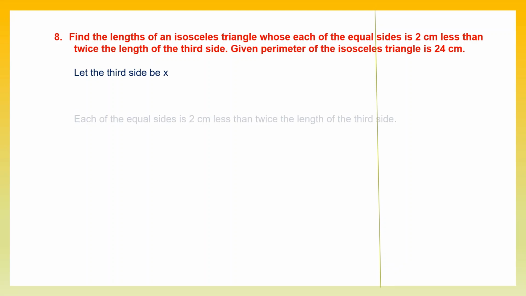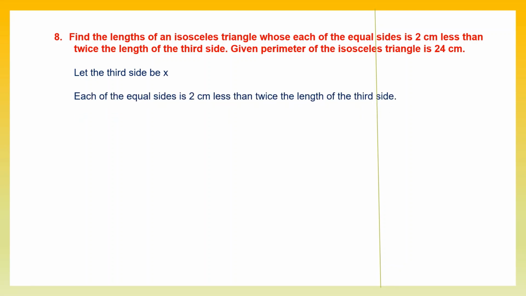Then each of the equal sides, now this is given in the question, each of the equal sides is 2 centimeter less than twice the length of the third side. So we are talking about the equal sides. How much are the equal sides? The equal sides will be 2 centimeter less than twice the length.